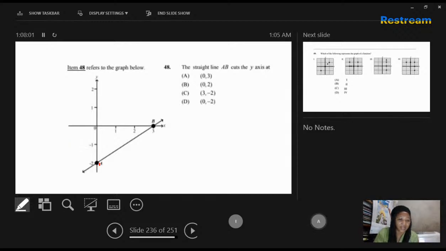We want the x value and the y value of this point. So that would be 0 and negative 2. So that's D.